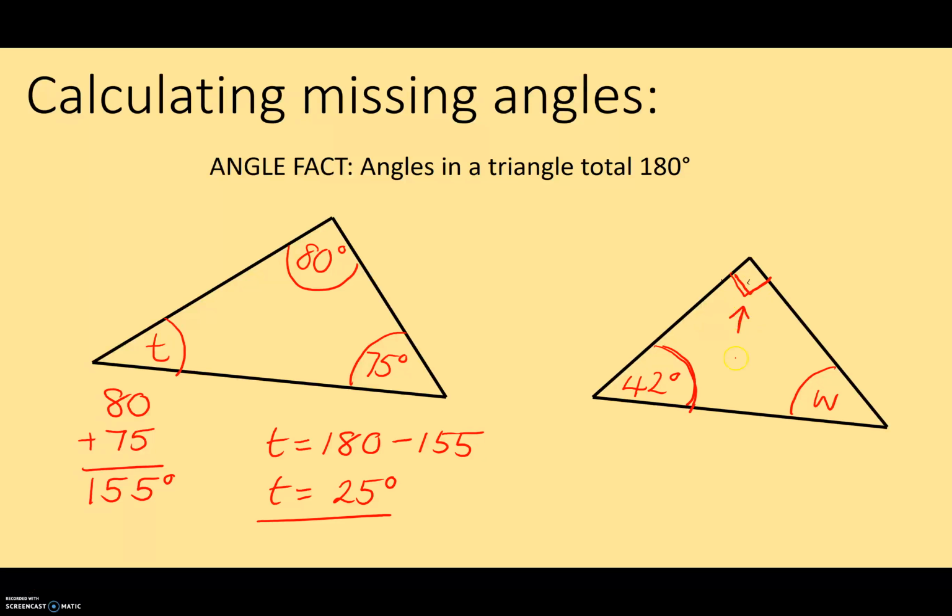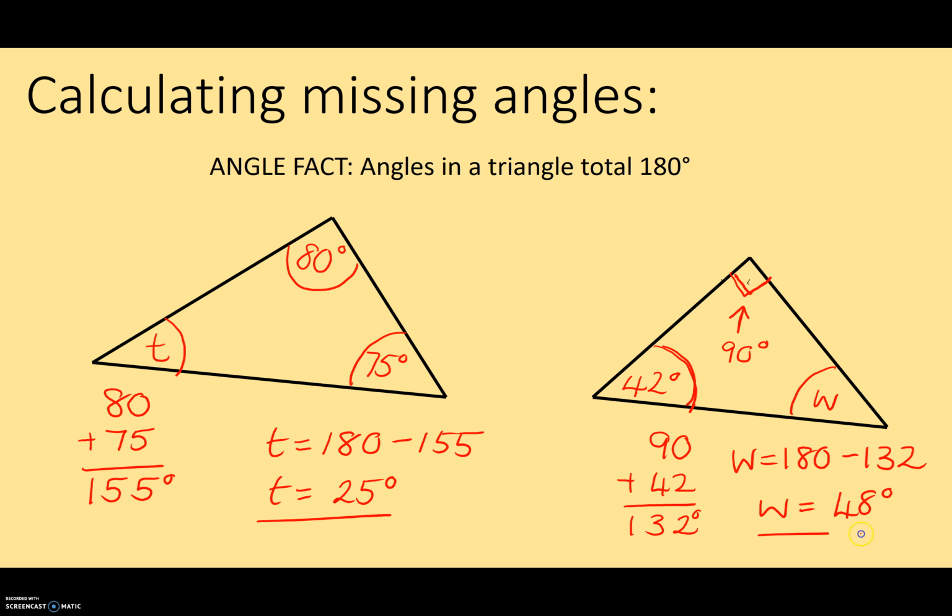This is the special one, it's the right angle, 90 degrees. So I've got 90 degrees and I've got 42 degrees so far. That adds up to 132 degrees. So W will be 180 subtract 132, so W is worth 48 degrees.